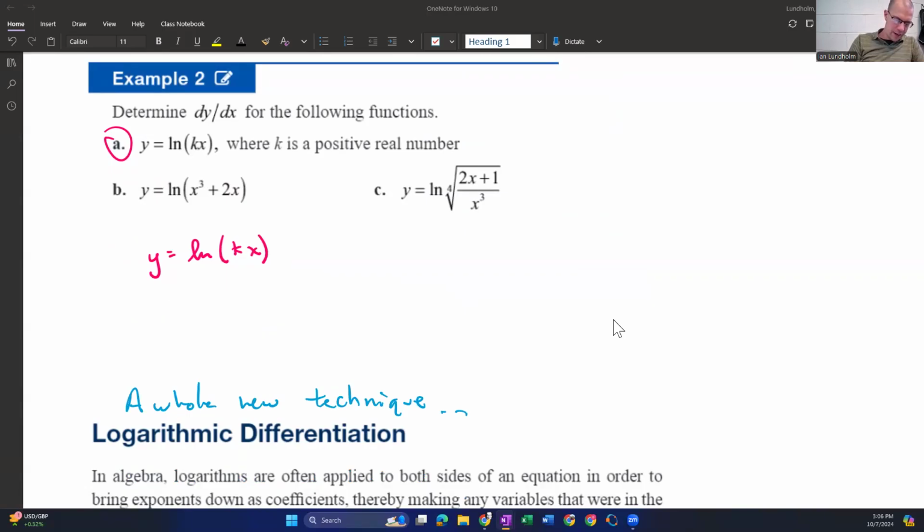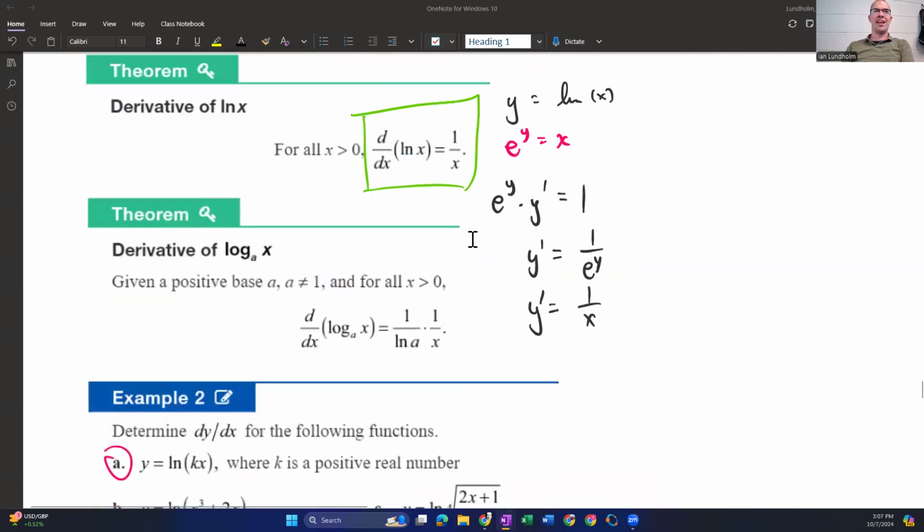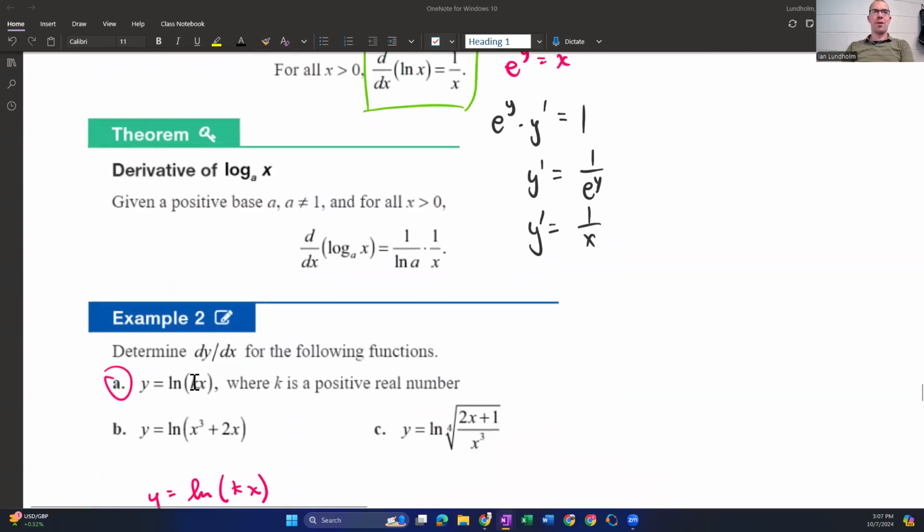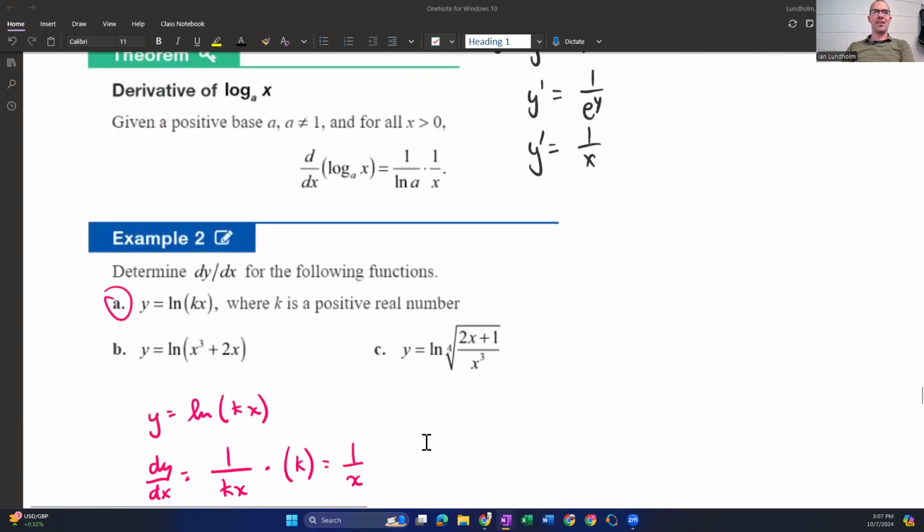So if we've got dy dx on the left-hand side, we take the derivative of the outside first. The derivative of the outside function is 1 over the inside. And then we multiply by the derivative of the inside, that's k. And so the derivative of ln of kx is just equal to 1 over x. It's the same exact thing as just the normal ln of x. So putting any positive real number in here gives you the same exact derivative.